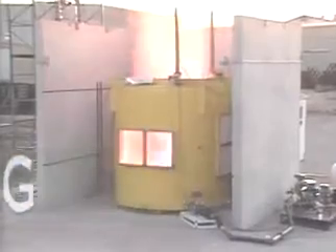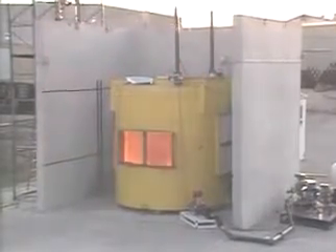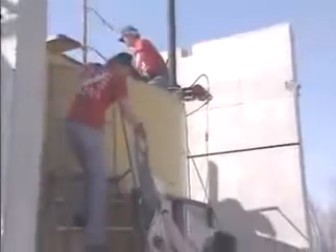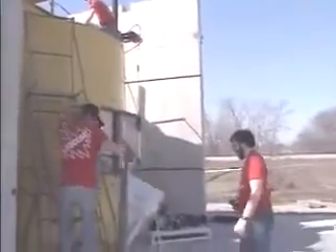Explosion venting. Explosion venting is often the first explosion protection strategy to be considered for outdoor installations. This method provides fast, reliable explosion pressure relief, preventing the destruction of process equipment or other enclosures. Explosion vents are lightweight, efficient, and non-fragmenting, even when exposed to the forces of an explosion.